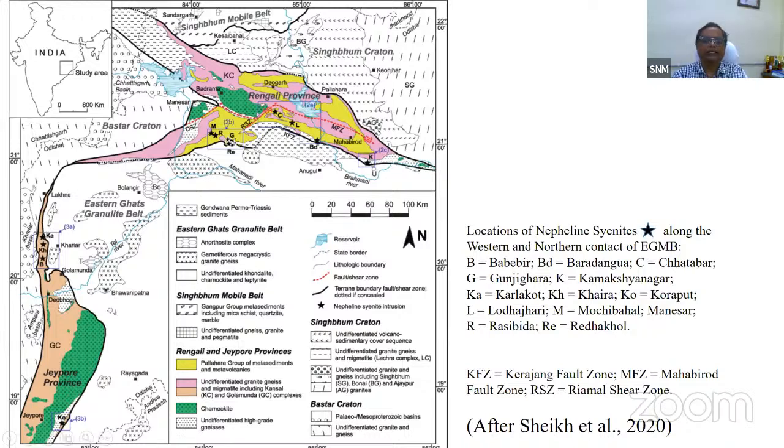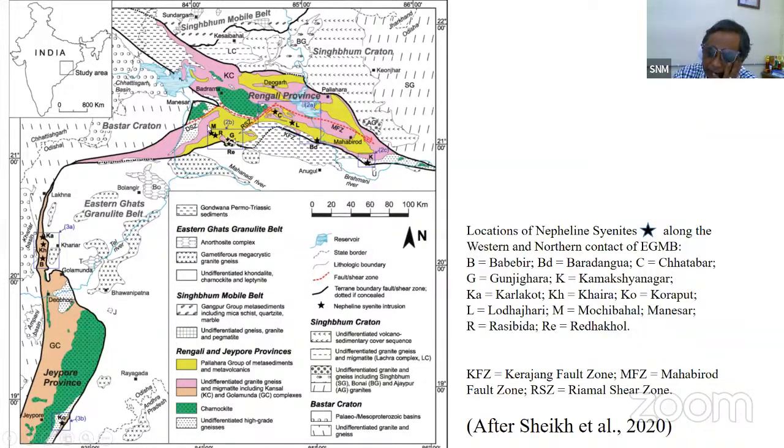The western side is the Bastar Craton, and the northern part is the Rengali and Singhbhum Craton. The stars are the locations of the different alkaline complexes that have been reported in Odisha. This is Koraput, and then Bolangir. This entire thing is the Kuturu complex.